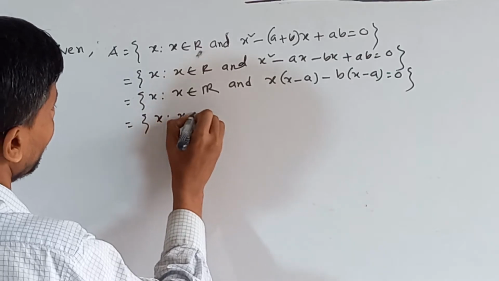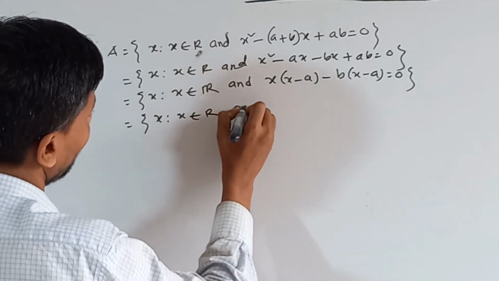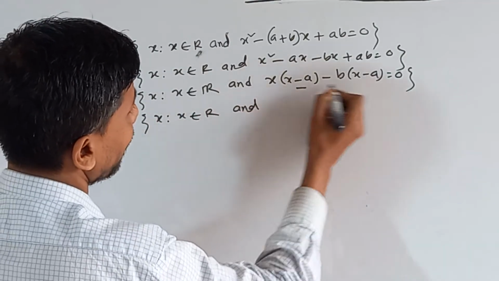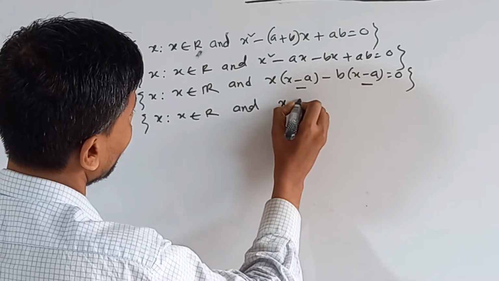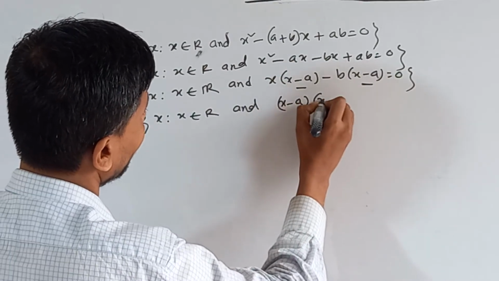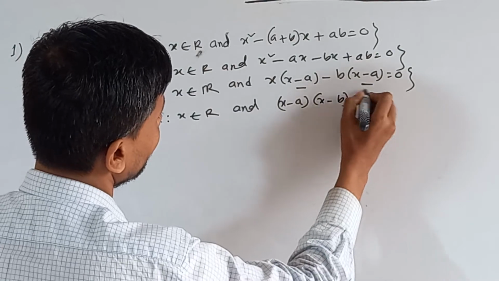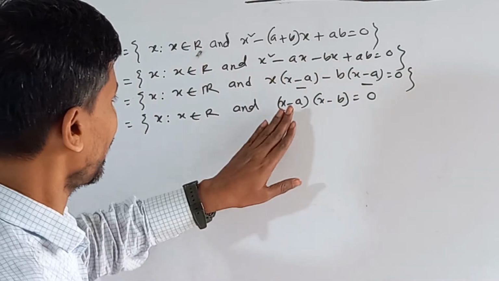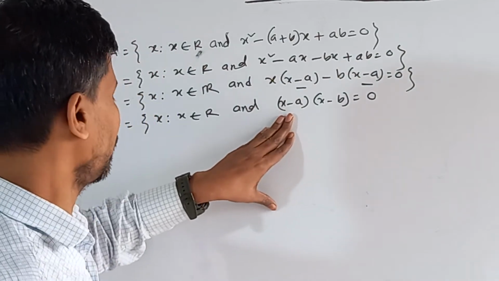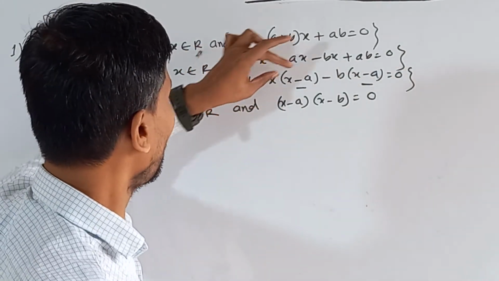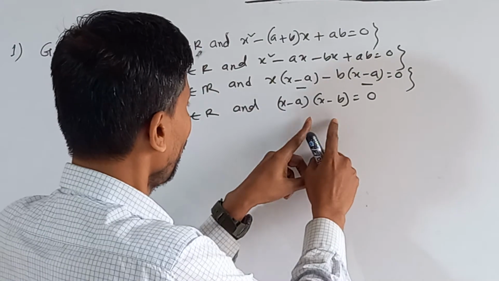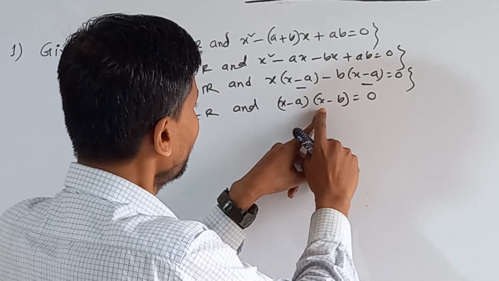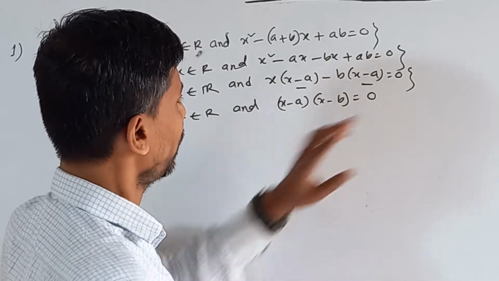Similarly, x such that x minus a is common here, so we take it out, and x minus b. Write x minus a first as the common factor, and write the remaining x and b in product form, so x minus b, and this equals 0.